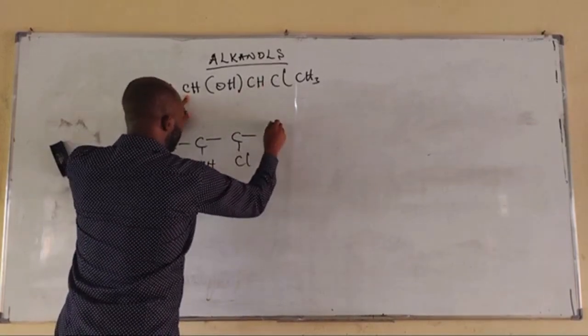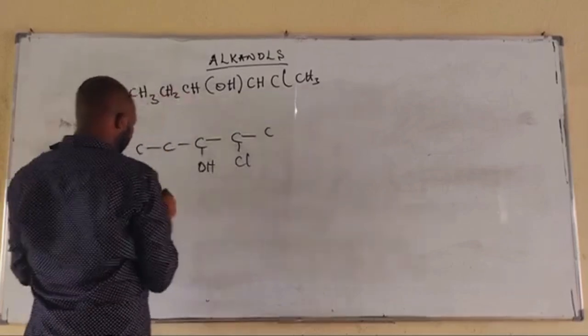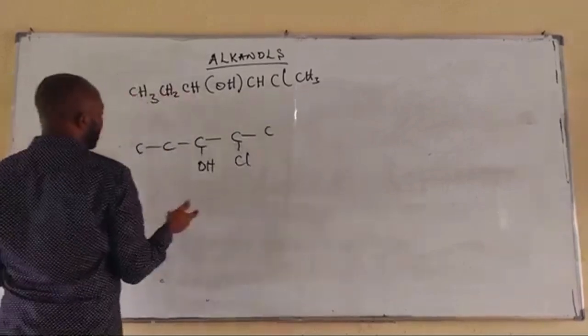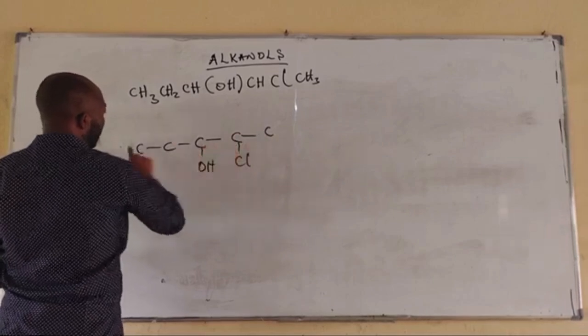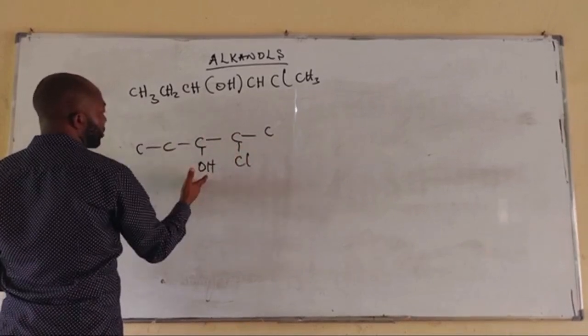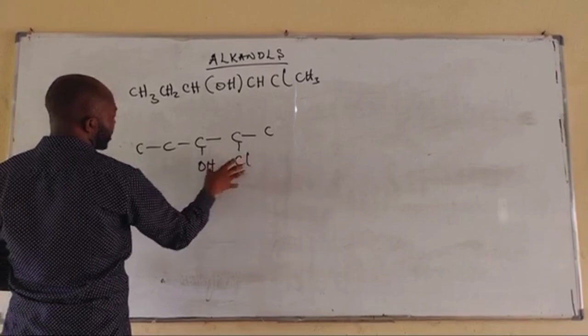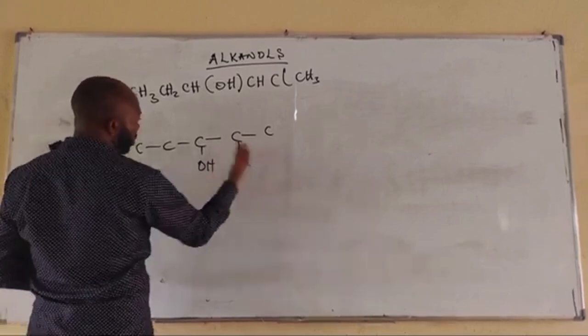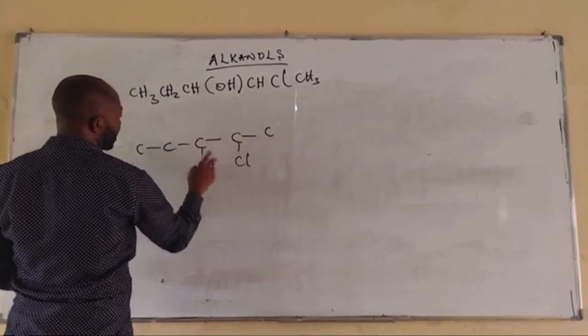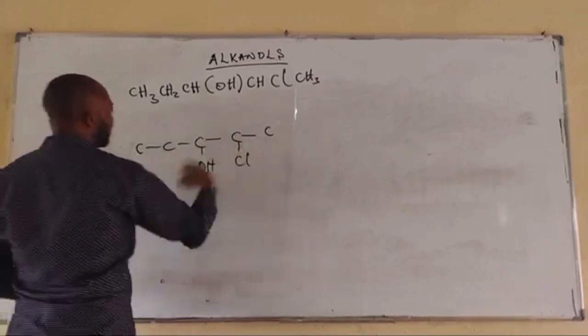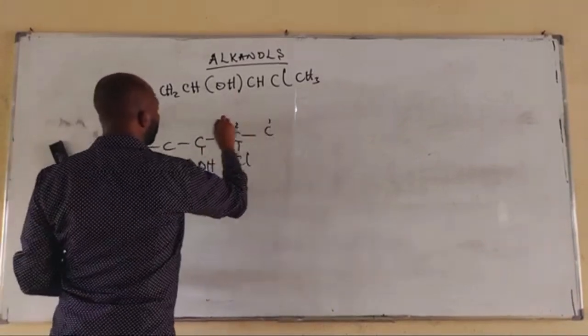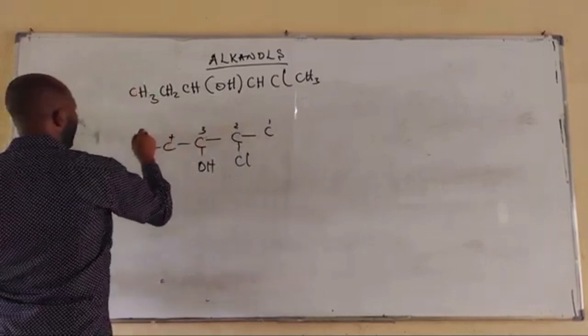And this is CH3. So it's obvious that we come from here 1, 2, 3. The OH is in the middle, but we give preference to this side because the total number of locants will be lower. 2 plus 3 is 5. 3 plus 4 is 7. So we come from here. So this is 1, 2, 3, 4, 5.